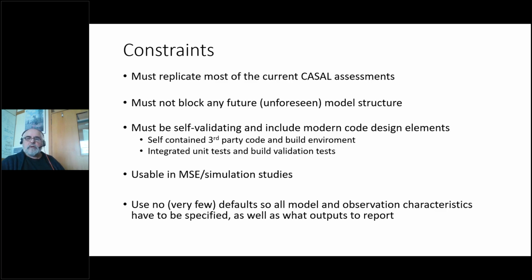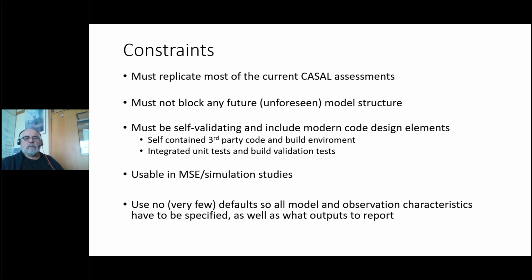And then the constraints on the build: we have to replicate most of the current CASAL assessments, obviously, and it must not block any future or unforeseen model structure. It must be self-validating and include modern code design elements, so self-contained third-party code and build environments, integrated unit tests, and build validation tests.